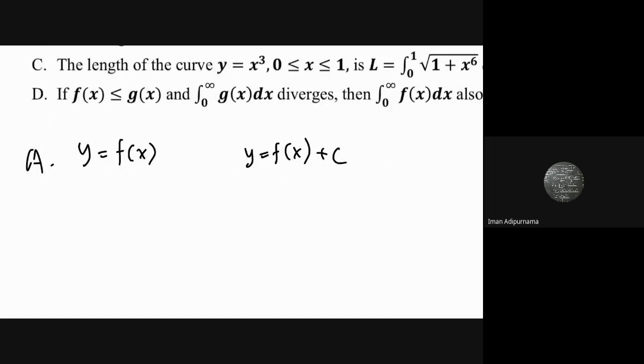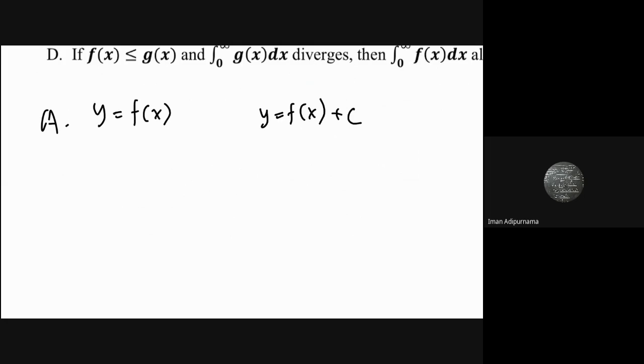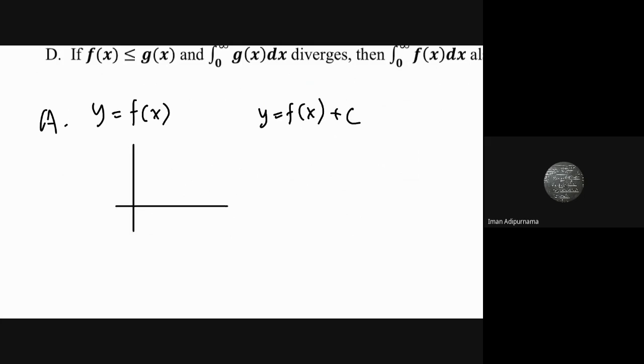Now, if we have a curve, let's say this is the f of x. What does f of x plus c mean? It means that it's actually the same f of x, but in a different position.